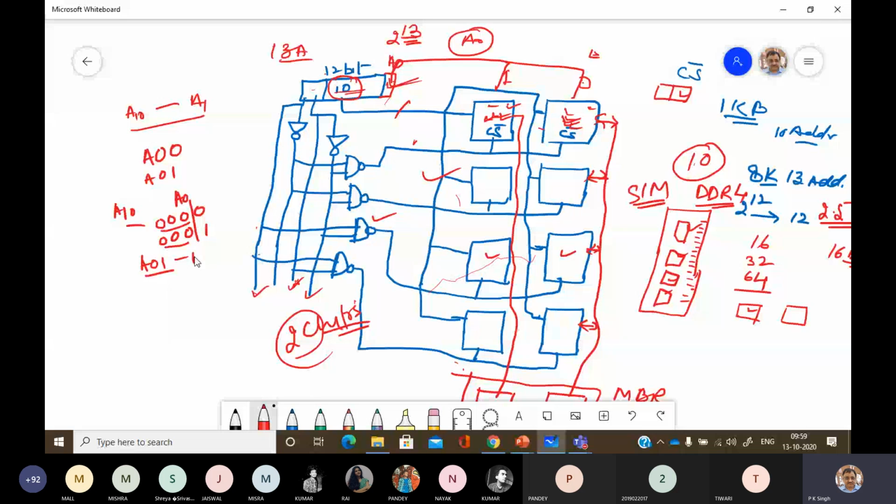Means at A01 you have A, and at A02 you have B. So see this address. A01 is 0001 and A02 is 0010. Now you are ignoring this A0, but here you see what will happen.